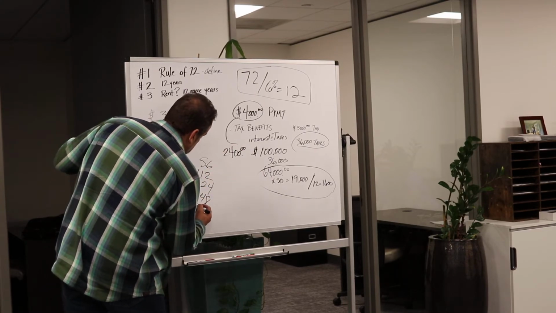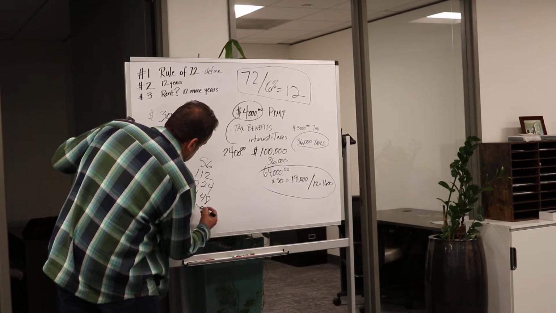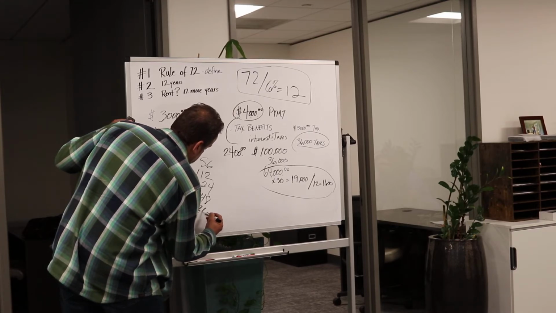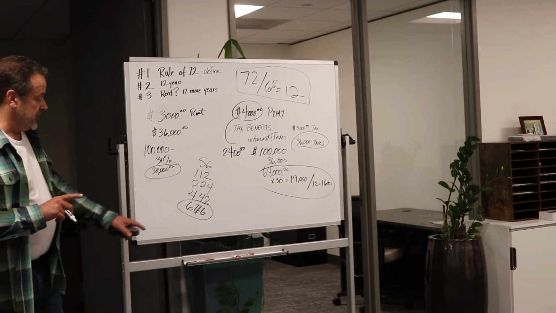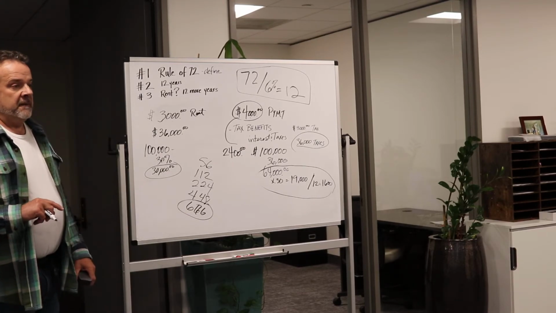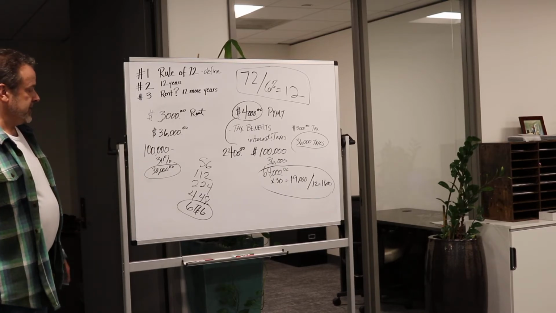It's going to go to about 600. Just using the rule of 72, your house is worth about $676,000. Not knowing what you did with it, not knowing exactly what it is, but just using the rule of 72.